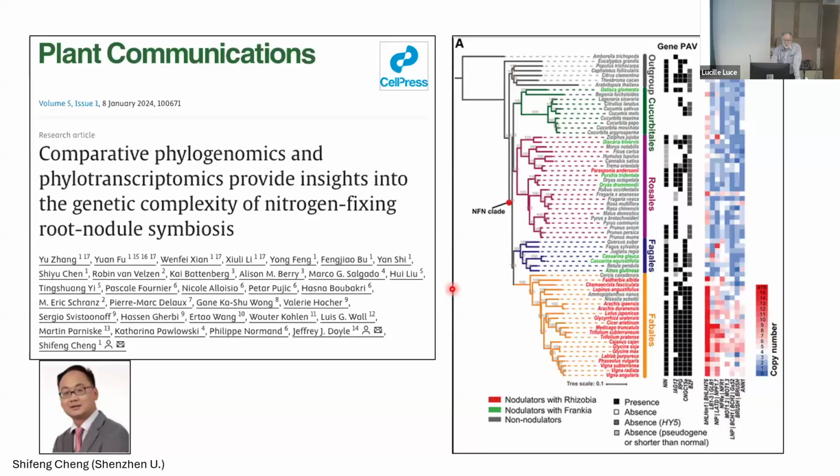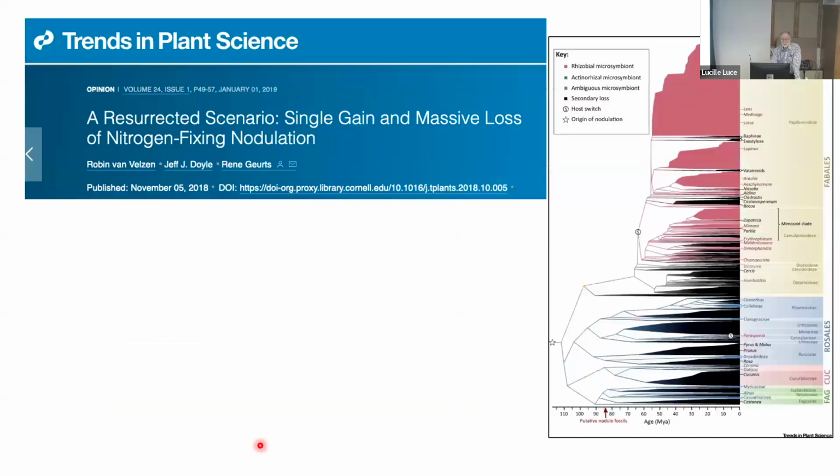And we followed up. Shufeng Cheng is a good colleague of mine, friend, and he has been also looking into this further, with more genomes sequenced. We see the same pattern whenever that happens: a strong correlation between absence of NIN and lack of nodulation. So Robin van Velzen and Rene Geurts led this little essay type thing in Trends in Plant Science.